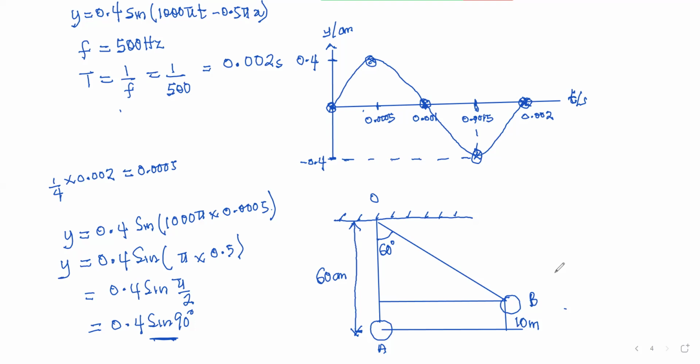Take g to be 10 meters per second squared. We are told that the mass of the bob is 50 grams, and we are to take g to be 10 meters per second squared.